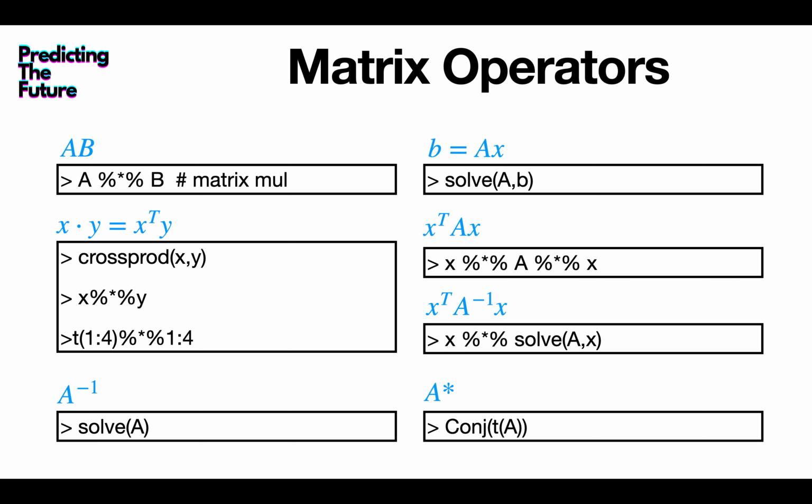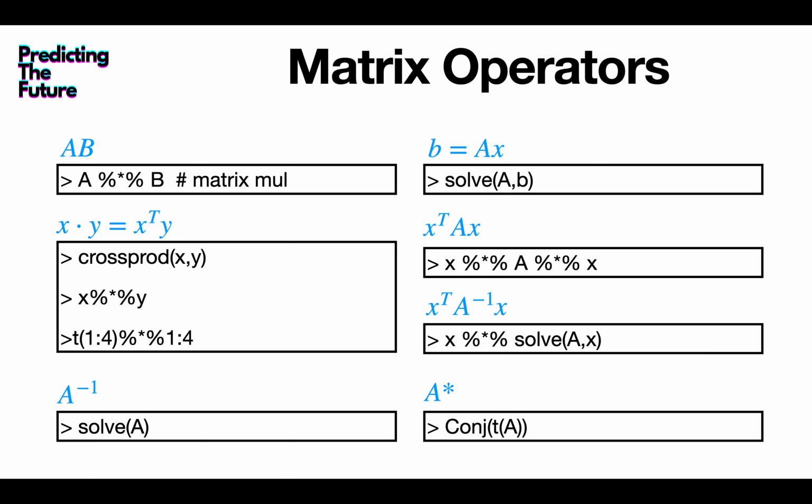And also, as we know, the dot product is a matrix multiplication, but the first vector is a row vector and the second vector is a column vector. So the third way of doing the dot product is we transpose the first vector.